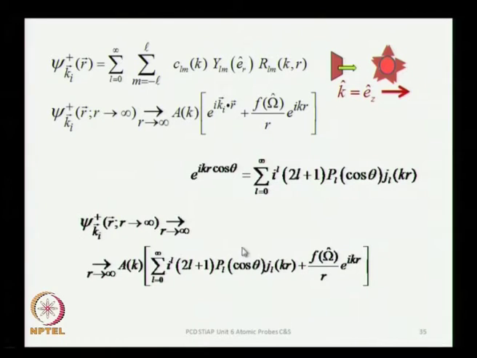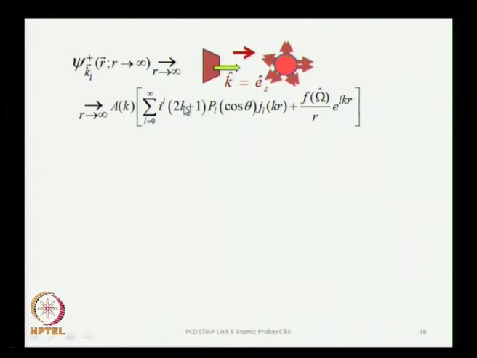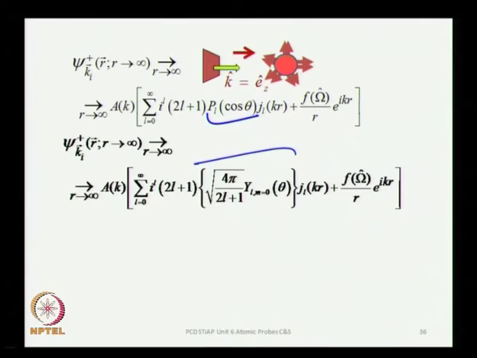The plane wave has now been expanded in the basis of Legendre polynomials. I bring it to the top of this slide, and this Legendre polynomial P L cosine theta can be written in terms of the spherical harmonic m equal to 0.